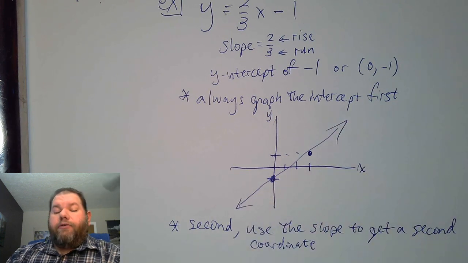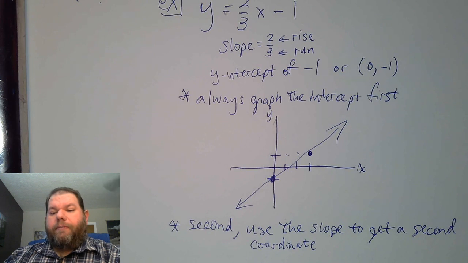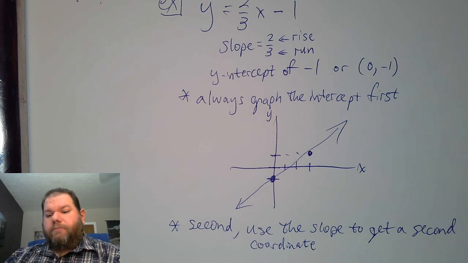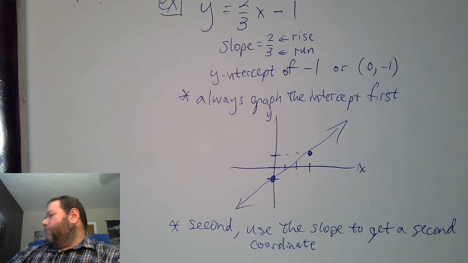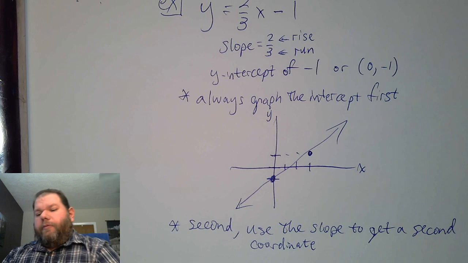And once we have this other coordinate, we can draw on our graph connecting those 2 points. Let's look at another example like that.